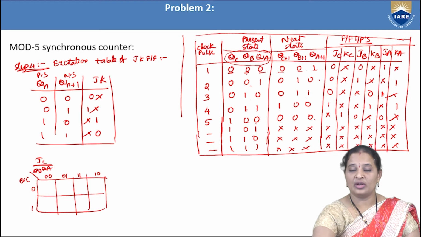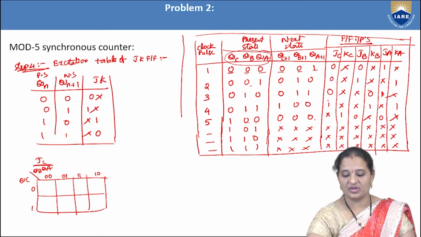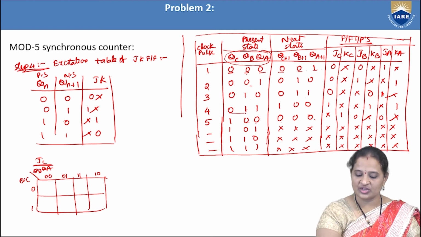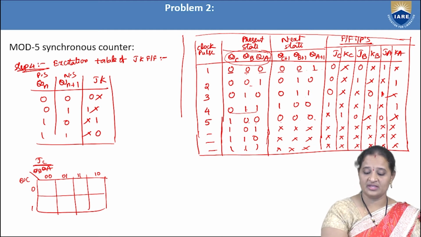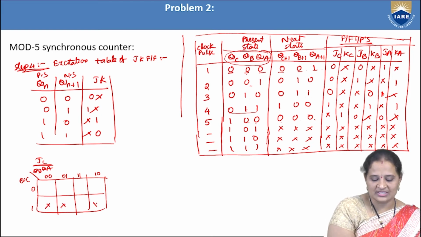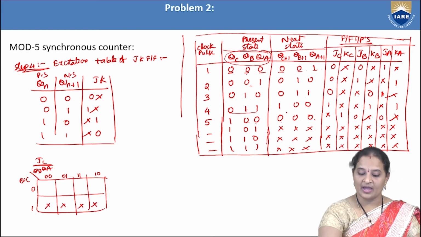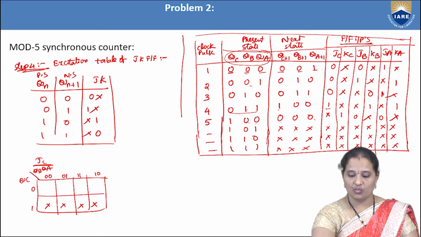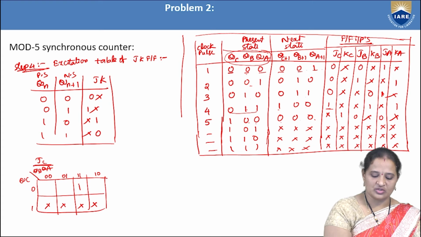Now let us identify for which combinations this JC value is becoming 1 and don't care. It is 1 for 0, 1, 1 and don't care for 1, 0, 0. That is 4, 5, 6, 7, so for 4, 5, 6, 7 it is don't care, and for 3 it is 1. So now what can I do?